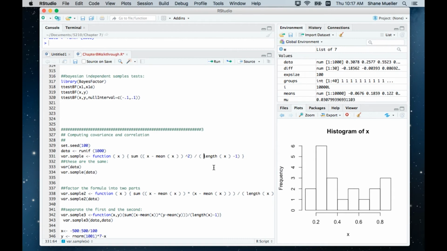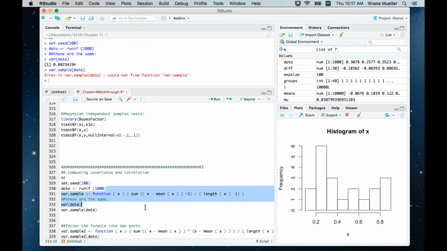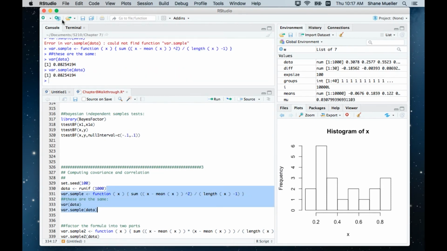So it's a convex cost function, really, as well. But this is variance, and I can calculate the sample variance of data. And as long as I have defined my function, you see these are exactly the same. The built-in function variance does the same thing I did here.